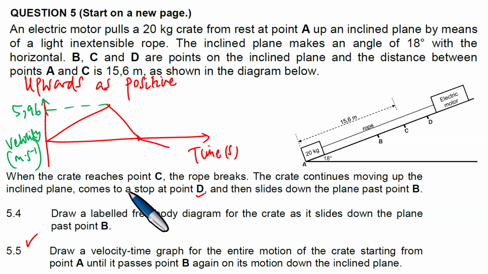It started slowing down and then came to a stop at D, and then it started sliding down, and then it passed point B like that. So this became sort of the velocity time graph of the motion.